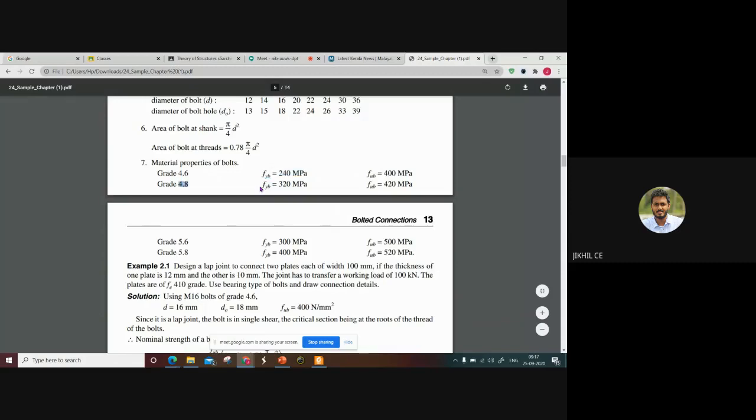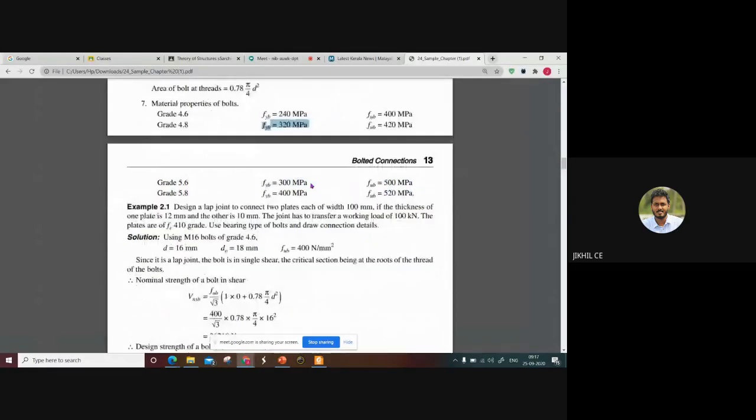Similarly, 4.8 means near to 400 value, and 0.8 times the ultimate stress will be the yield stress. Similarly, 5.6, 500 megapascal into 0.6, 300; 5.8, 520, and into 0.8 will be 400.